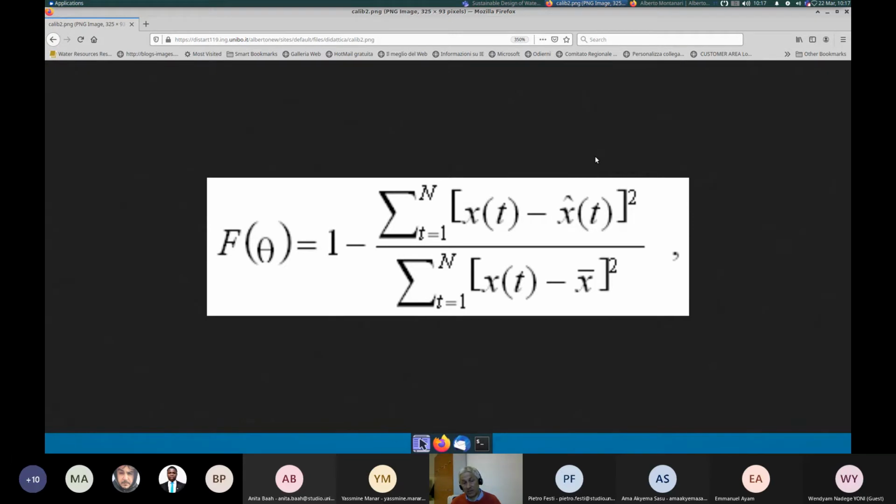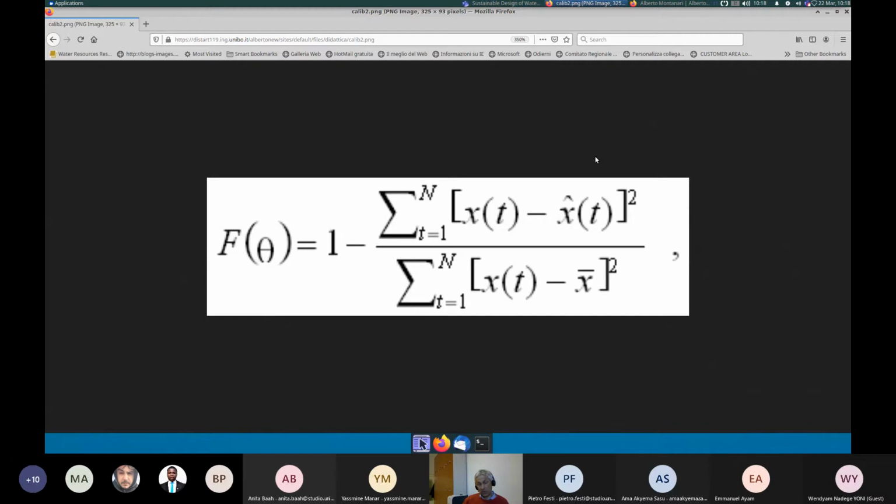But it is rescaled by what? Look at the denominator. The denominator is the summation of the difference between the observations and the average X bar.